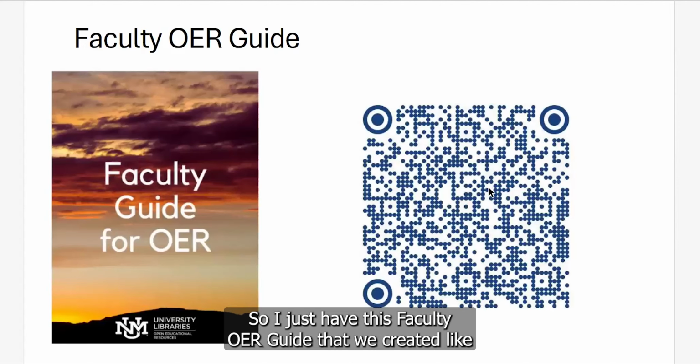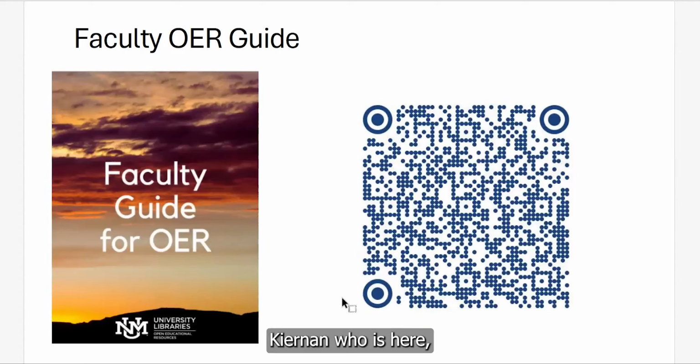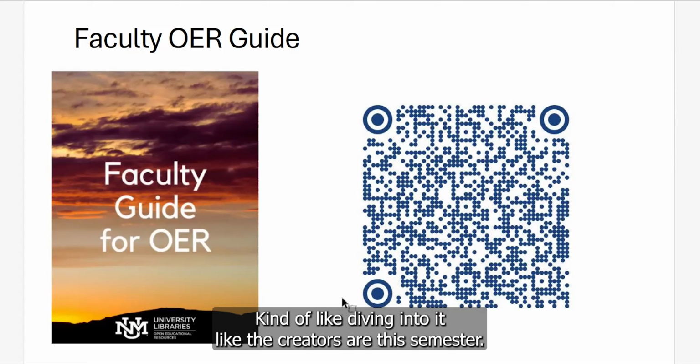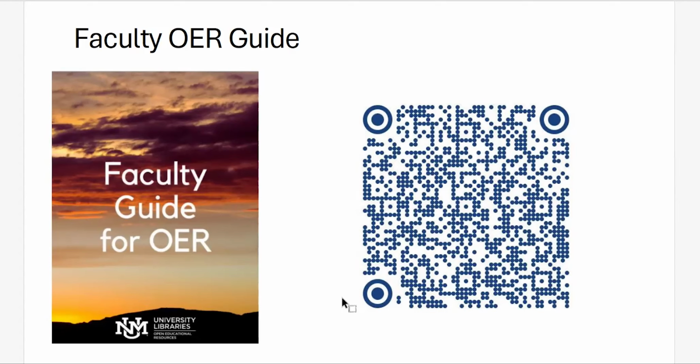So I just have this faculty OER guide that we created. Kiernan, who is here, took something that I made and helped to put it on this platform and researched a bunch on accessibility. So you can check out this guide. It's pretty much meant for people who are working on OER, like the creators diving into it this semester.